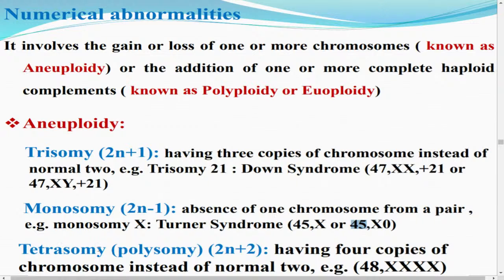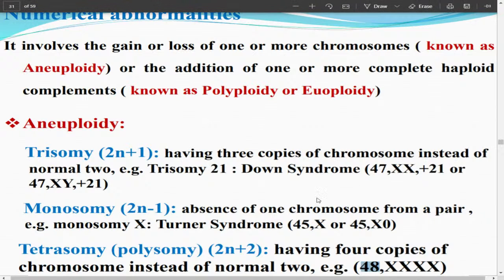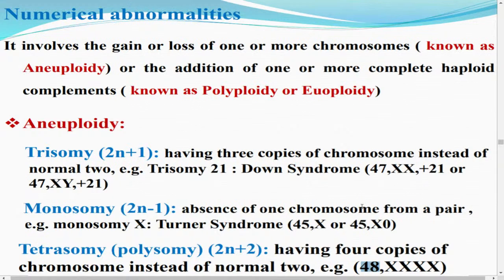We have the tetrasomy or polysomy, 2n plus 2, having 4 copies of a chromosome instead of the normal 2. So here we have 48,XXXX. These are 4 copies of the X chromosome instead of the normal XX. This is a tetrasomy.